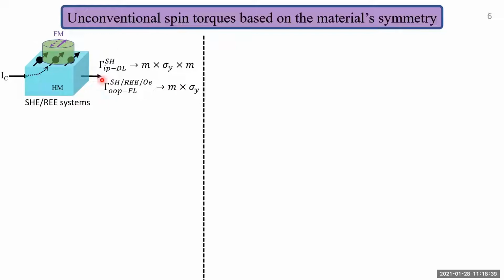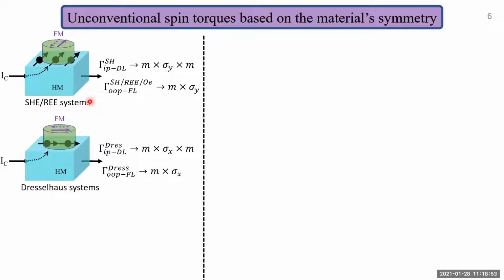The requirement for this kind of conventional torque is that we need a material which has high spin orbit coupling, such as platinum, tantalum, iridium oxide. There can also be some materials where crystal inversion symmetry is broken, and they may have Rashba-Edelstein interaction.